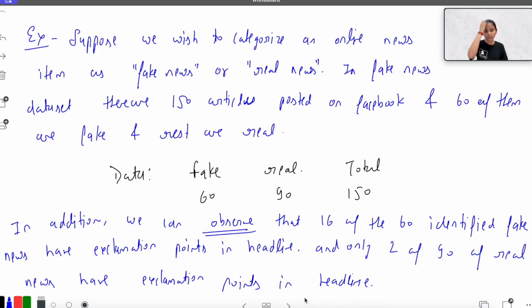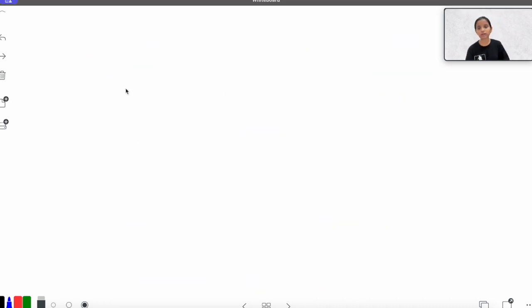Okay, now see it here. We actually have two pieces of information. What are these two pieces of information? First is prior information.